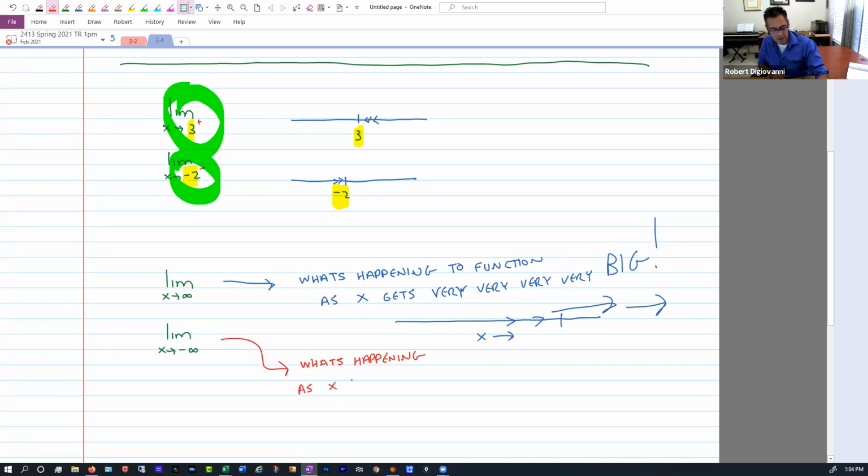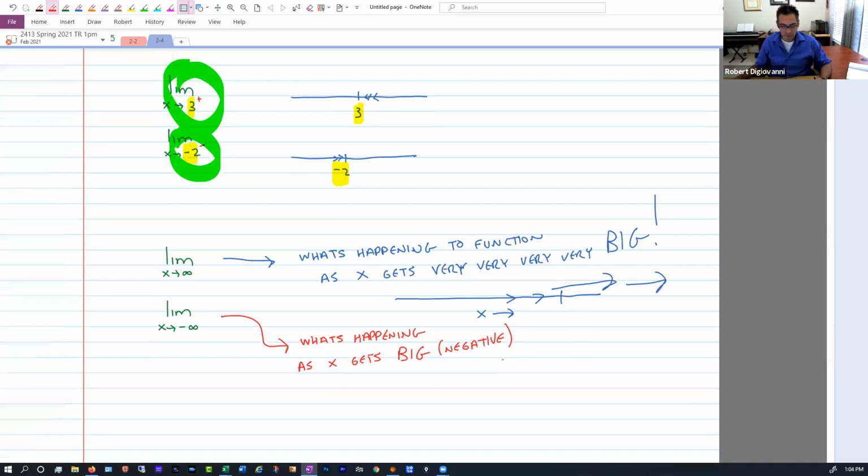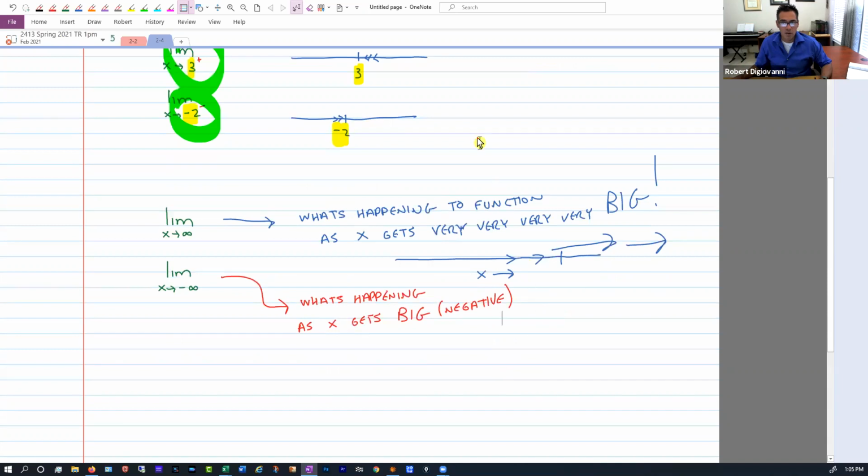Now, let's take a look at the first most basic example, and then from here, we'll build. Any questions on this so far?